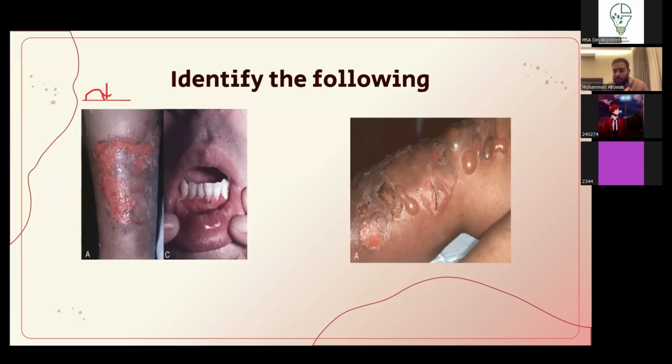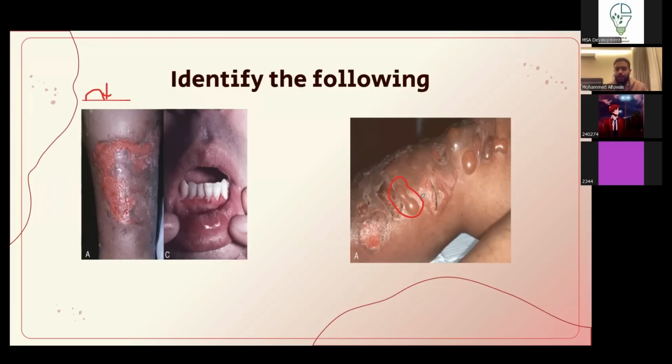Yes, you may have some ruptured vesicles, but you'll have tense blisters and no oral manifestations. What is this? Bullous pemphigoid, which is the most common bullous disease.